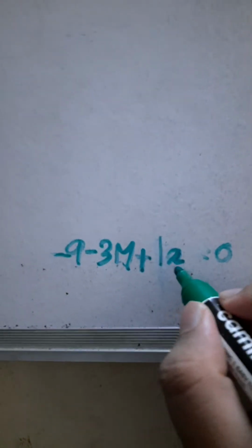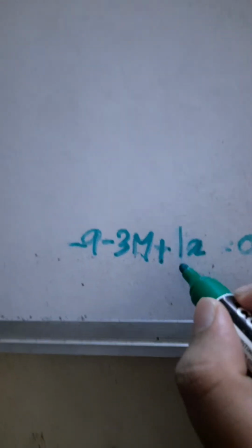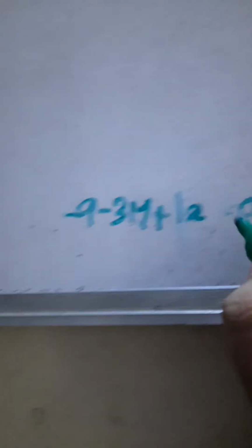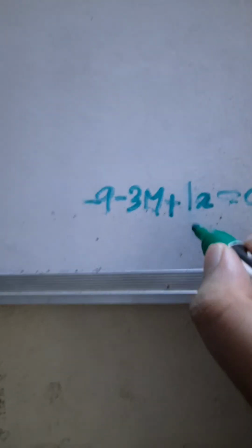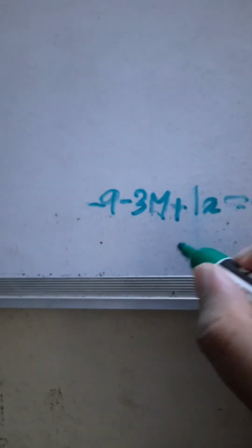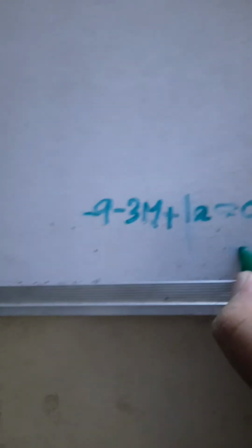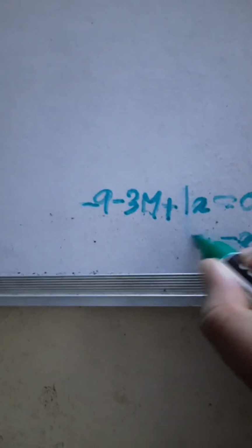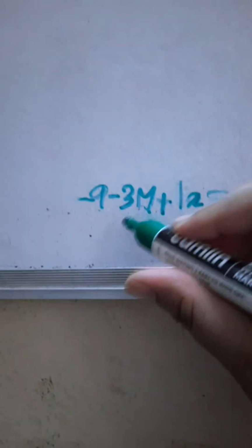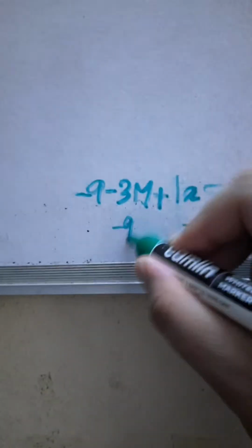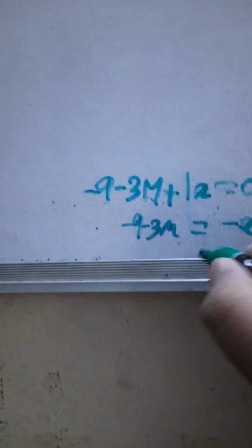So this is what we need: x, what we have to multiply with 1, so that when added with this we get 0. Then x goes that side, minus x equals minus 3 minus 9m minus 9 minus 3m.